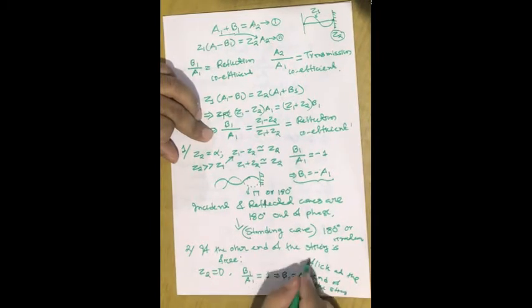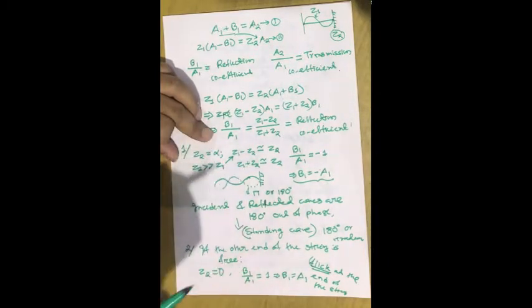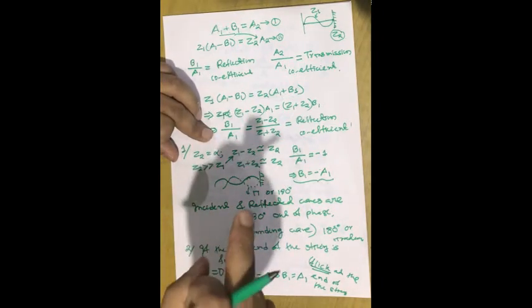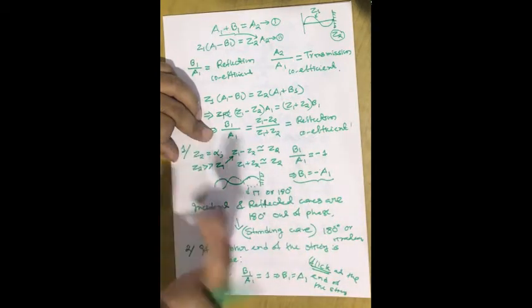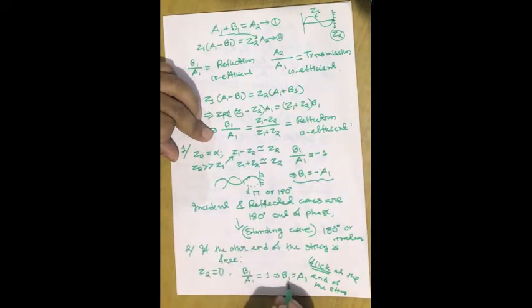This phenomenon you could have observed. Just take a string and try to vibrate it without fixing its other end. Then when the incident wave reaches the end of the string, it just flicks around. That is possible because our incident wave is now exactly equal to the reflected wave.